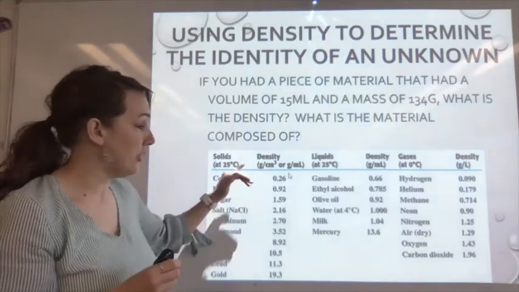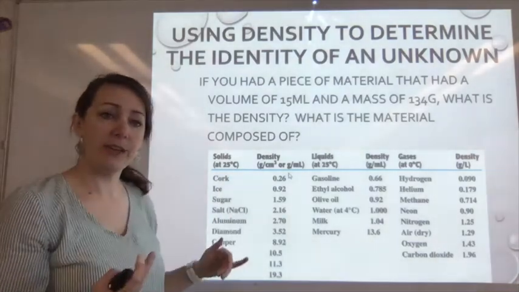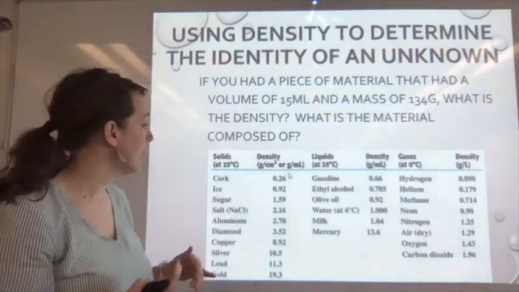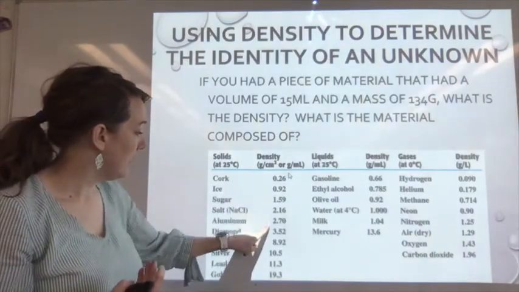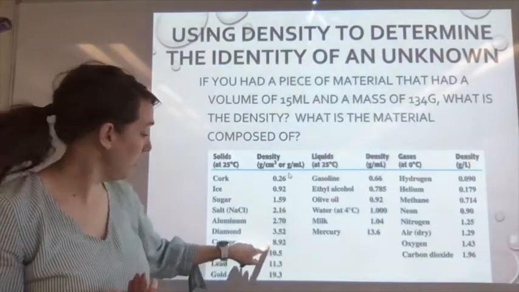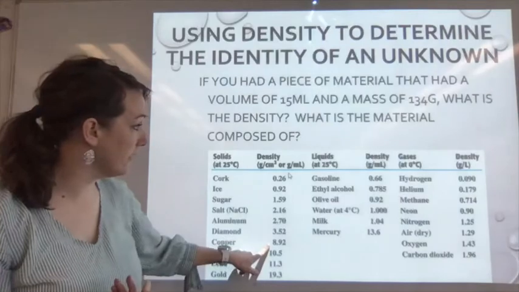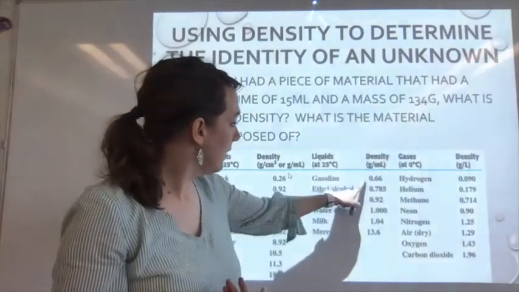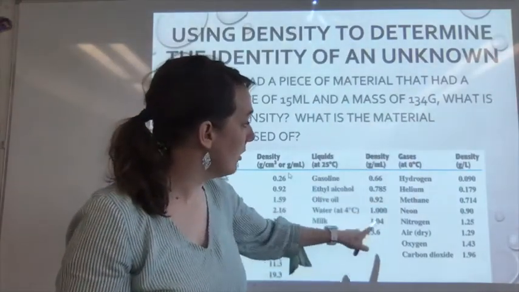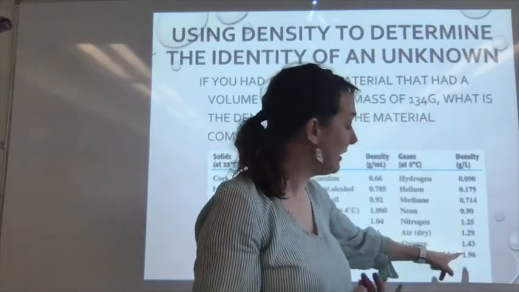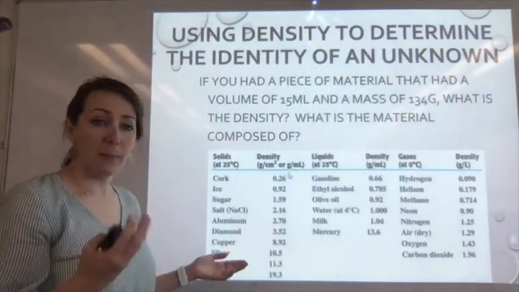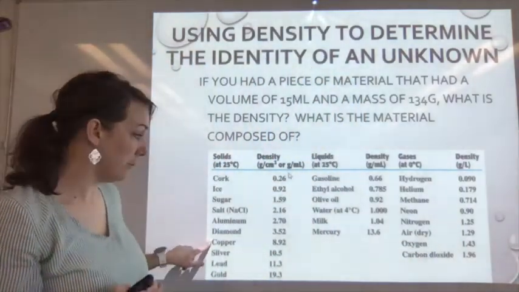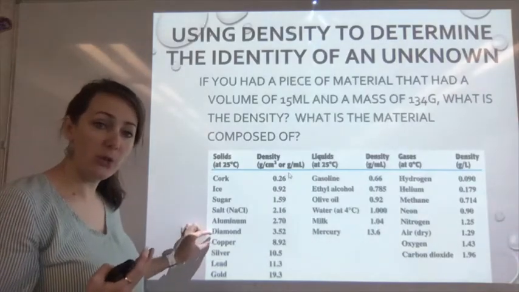If we look at a chart of known densities, we could find out what substance we had. So if we scan, here's an 8.92. Let's see if we have anything else that is close. No 8.9s here. No 8.9s here. So it looks like our mystery substance must have been copper, because that's the closest that we came.